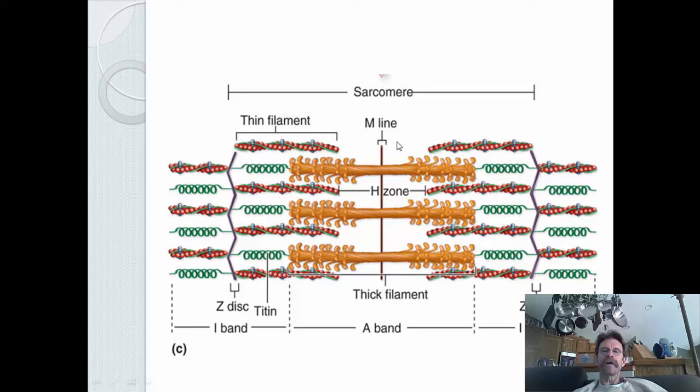As these actins come into this area, we will see that they will come closer to this M line, and that this A band will all become dark because of them sliding over.